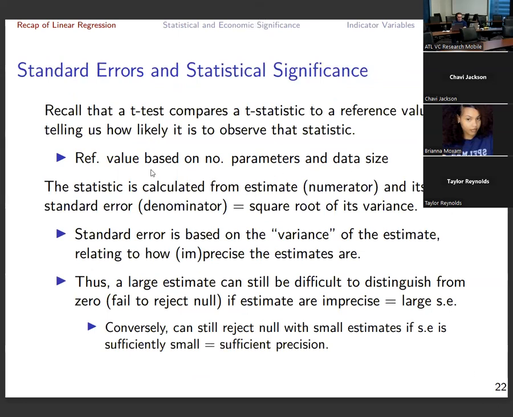Okay, so I think we've done all of this. Don't really need to worry much about it, because all the t statistics and t-tests are done inside of R. The one thing is that, if we look at this, a large estimate, in other words, a coefficient large in magnitude, can be difficult to distinguish from 0 if the estimate is imprecise. When might it be imprecise?